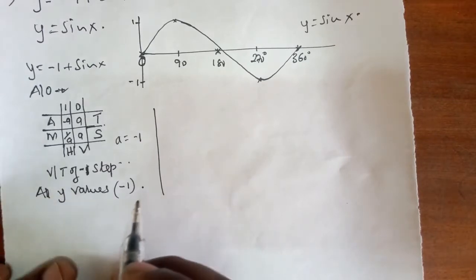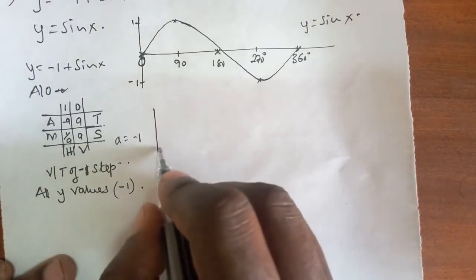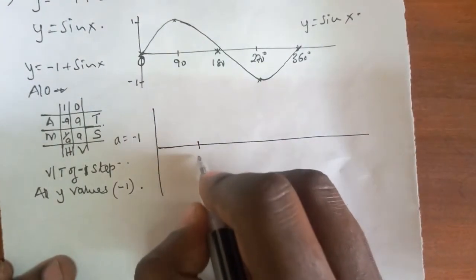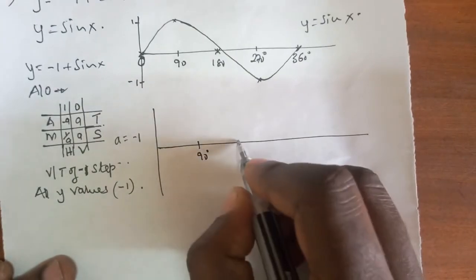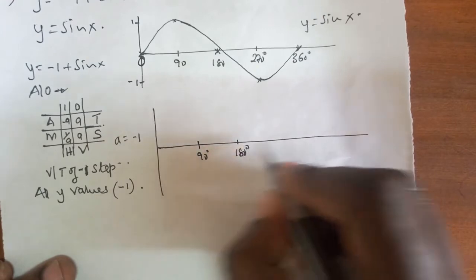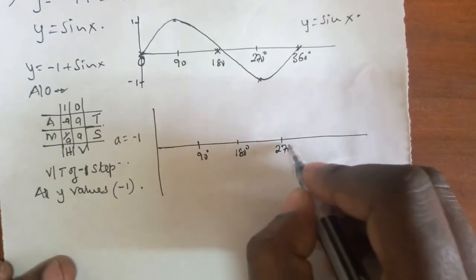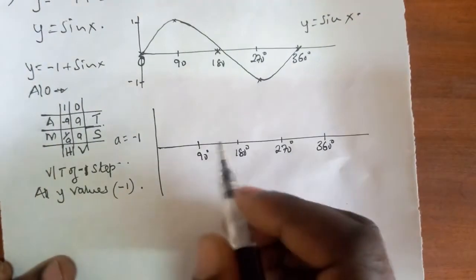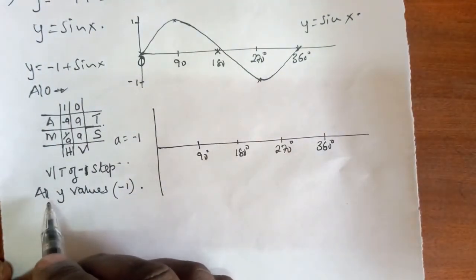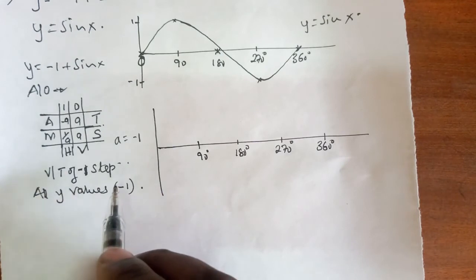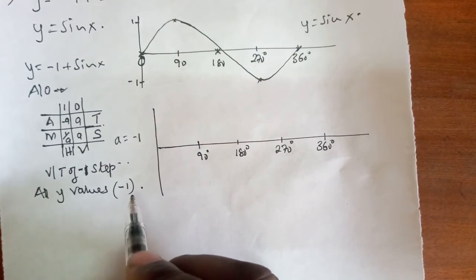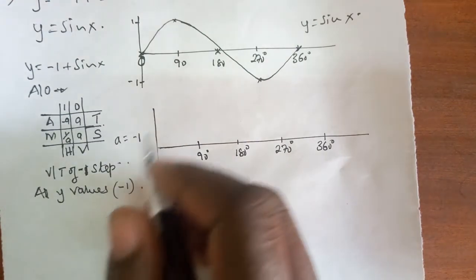Let us now see what transformation will be born from there. When x is 90 degrees, 180 degrees, 270 degrees, and 360 degrees, all y values minus 1.